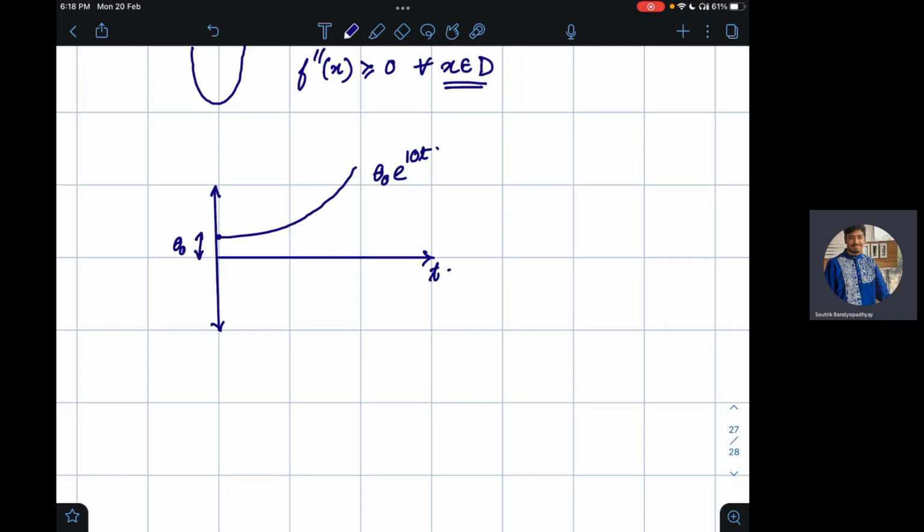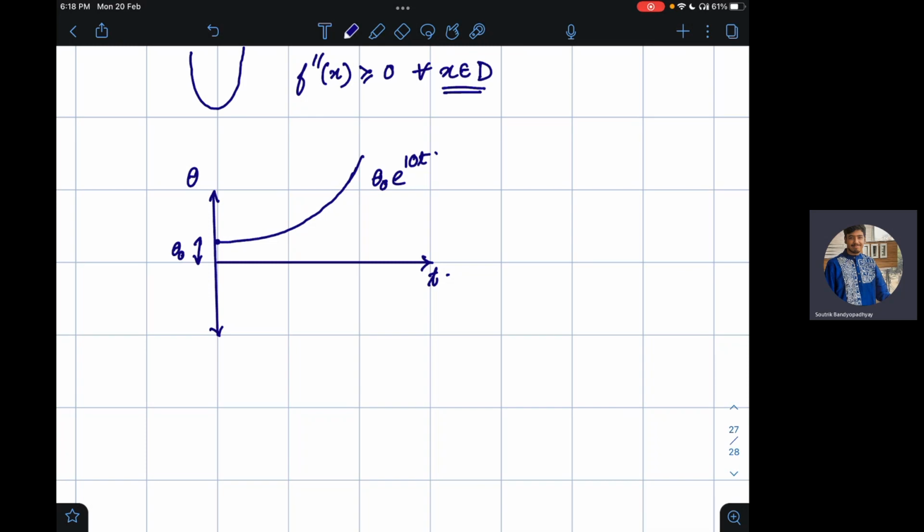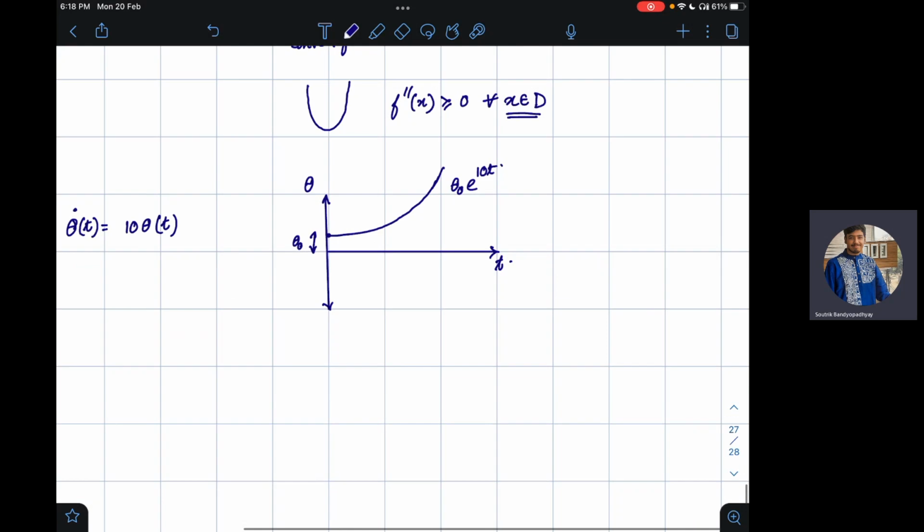So if you look at theta versus t, this would be varying exponentially with respect to time. But we don't want that, right? We don't want our theta to be unbounded.